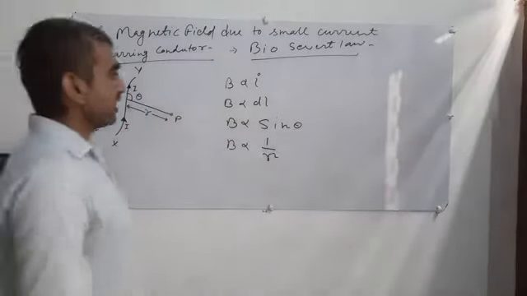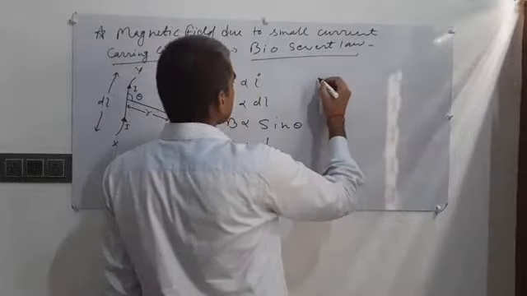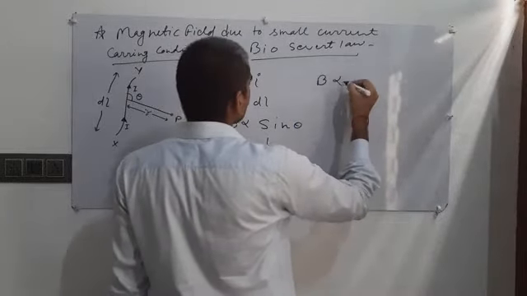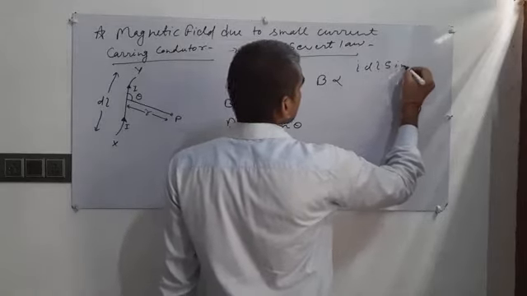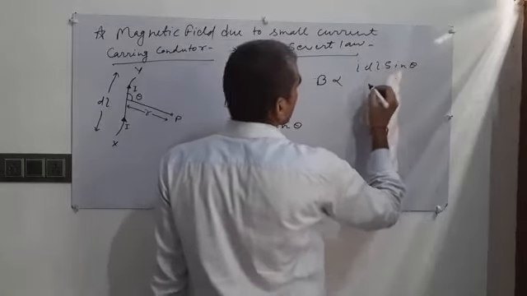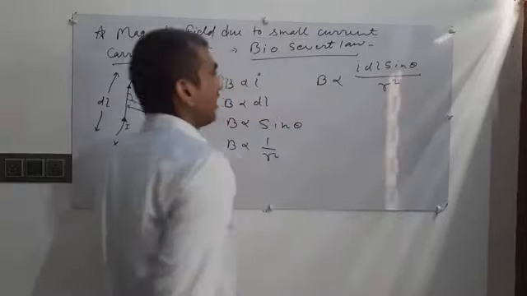If you summarize these points, we have B proportional to I dl sine theta upon r square.